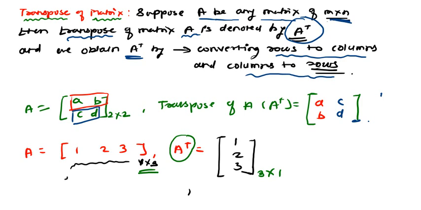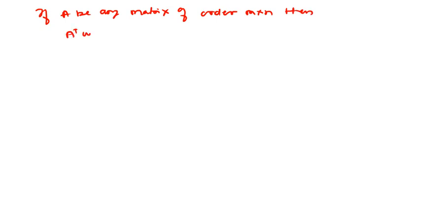What it means is, if A is any matrix of order m cross n, then A transpose will be a matrix of order n cross m.